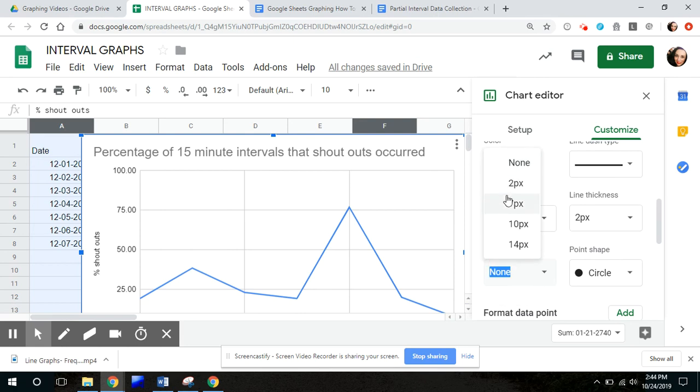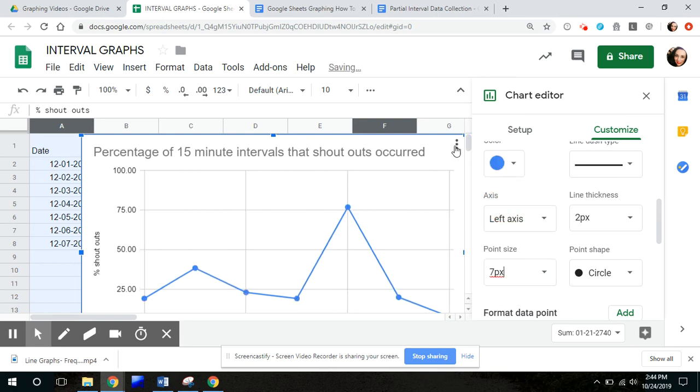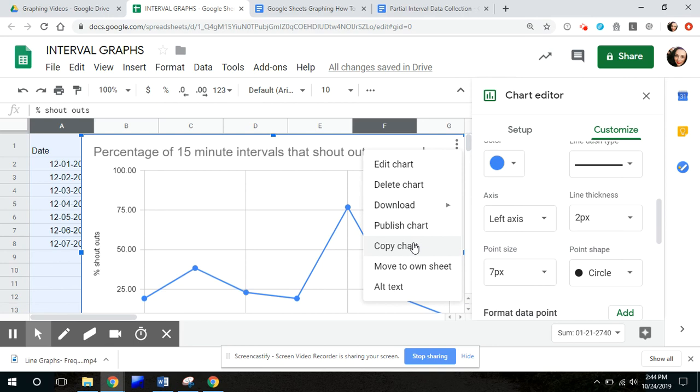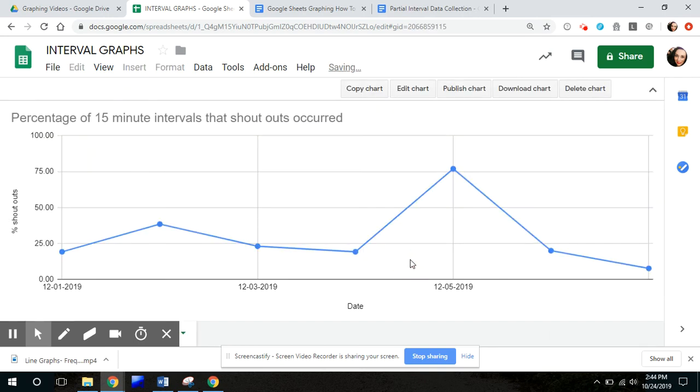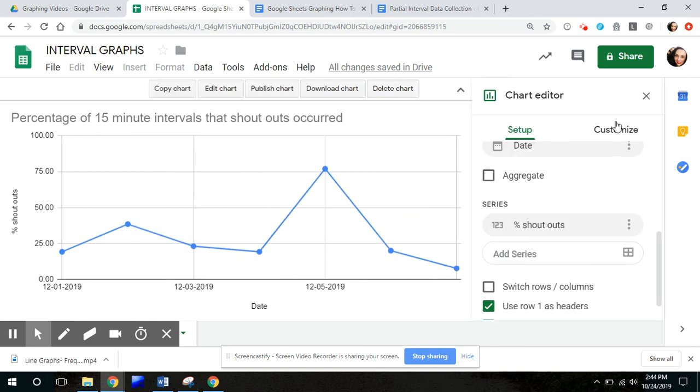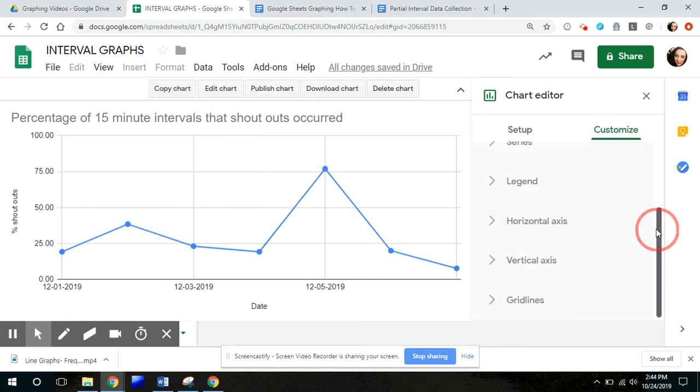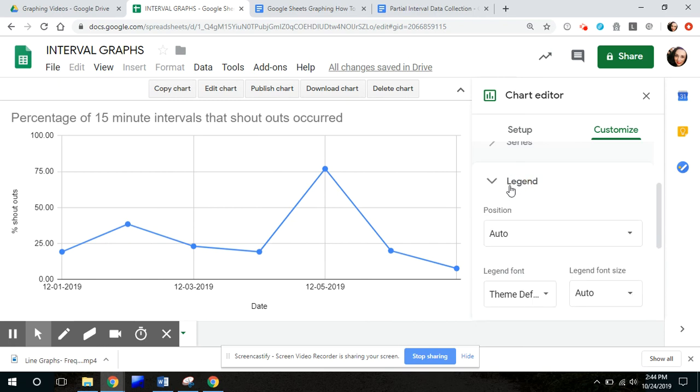Point size 7. Can move it to another tab, file, move to own sheet. All right. And then I have this. Okay. If I wanted to put in a trend line, I could do that under customize. Let's see.